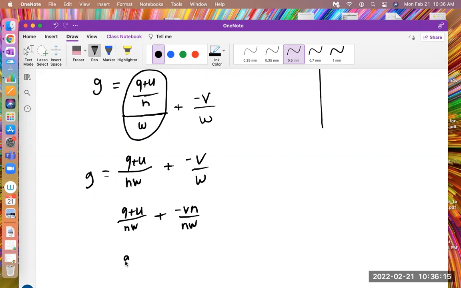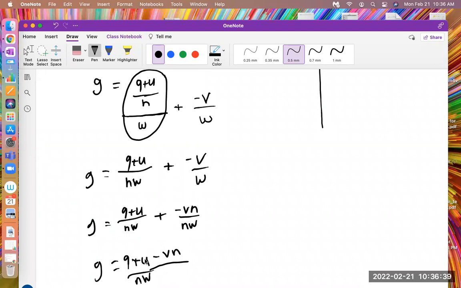Okay, so then now I can add these things together, q plus u over nw, and now I can add the numerators together, and it's minus vn, all in this numerator. So that's our final answer here.